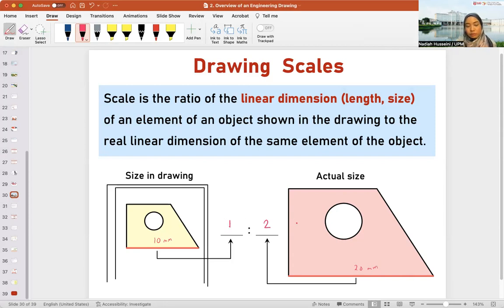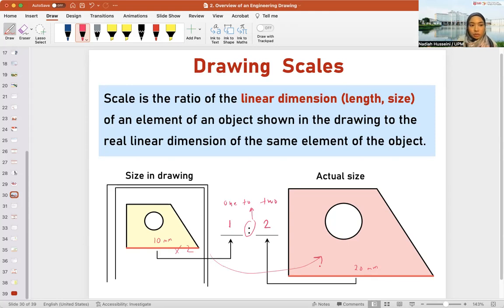Skala 1 ke 2 ataupun 1 to 2. 1, 2, 2. This is how you say it ataupun this is how you write it. 1, 2, 2. Bendalah ni 2. Okay, 1, 2, 2. So jangan confuse. So this is 10 millimeter and this is 20 millimeter. This is 1, 2, 2 sebab yang ni 1, yang ni kalau ni darab 2 dapat benda alah ni.